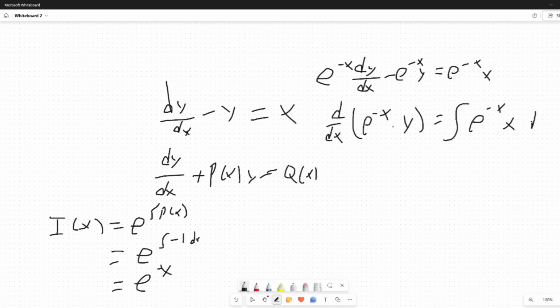And the reason for this is that we'll be actually taking the integral of both sides so that we can get rid of this derivative here on the left. So on the left side, we'll be getting e to the negative x times y equals this integral. So yeah, let's see if we can solve this integral on the right. How we're gonna be approaching this one is with integration by parts.